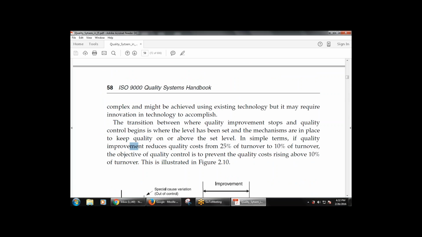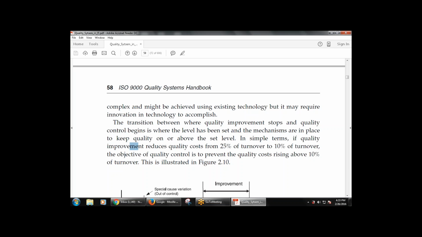In simple terms, if quality improvement reduces quality cost from 25% of turnover to 10%, the objective is to prevent the quality cost from rising above 10% of turnover.